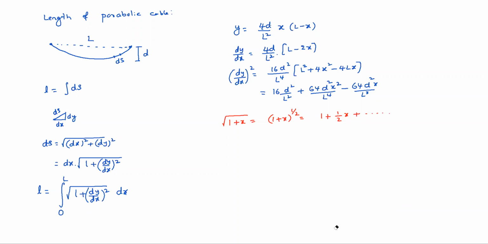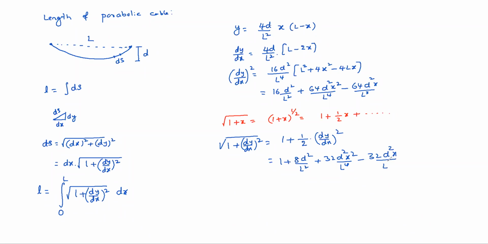So l equal to square root of 1 plus dy by dx whole square, equal to 1 plus 1 by 2 times of dy by dx whole square, that equal to 1 plus 1 by 2 into, that means 1 plus 8 d square by l square plus 32 d square x square by l power 4 minus 32 d square x by l cube.